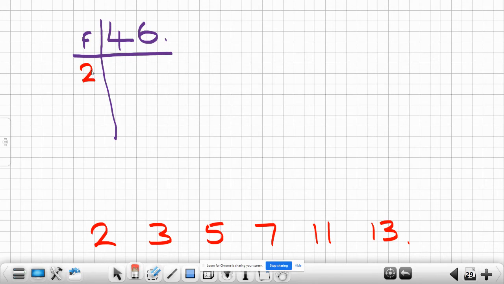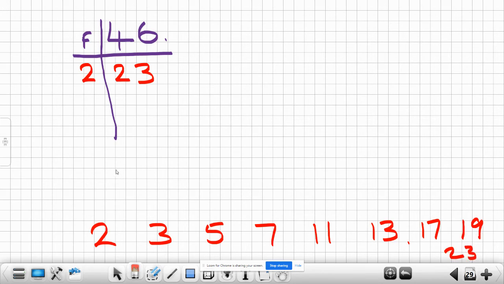So if I divide, and we do remember when we're taking it out, we're not deducting it, we are dividing it. A factor is a division. How many 2's in 46? Well, 2 goes into 4, 2 goes into 6, 3, so that's 23. Now, 23, if we carry on this line, oops, missed one out.